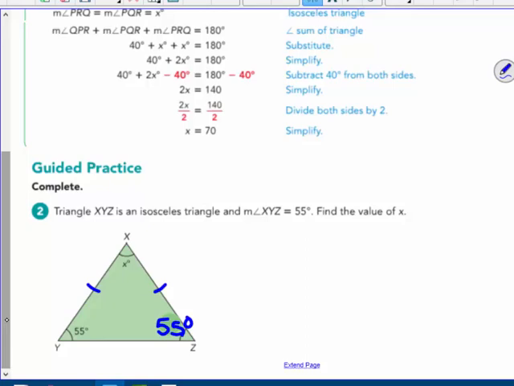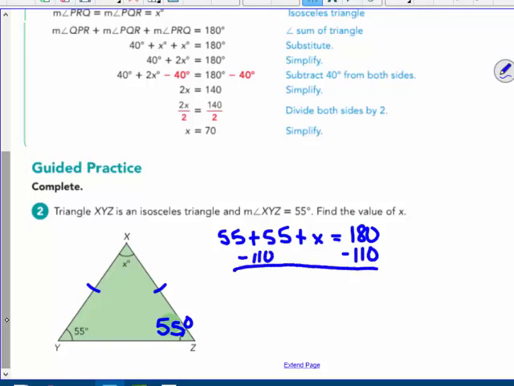So I'm going to write it in. So now I know two of the angles, 55 and 55, plus that third angle, that vertex angle, which is the X, has to add to 180. Well, 55 and 55 is 110. And when I subtract 110 from both sides, I get that X equals 70 degrees. So that vertex angle is 70 degrees.